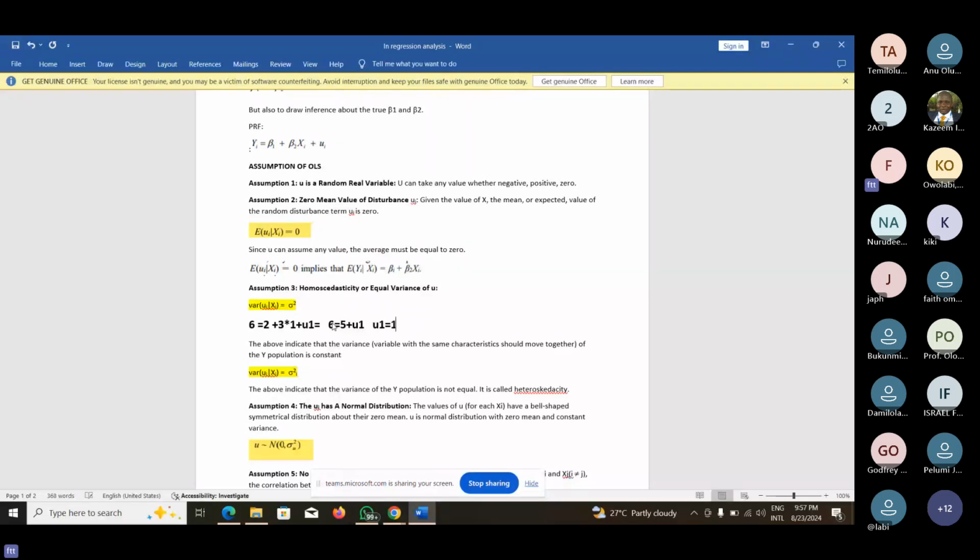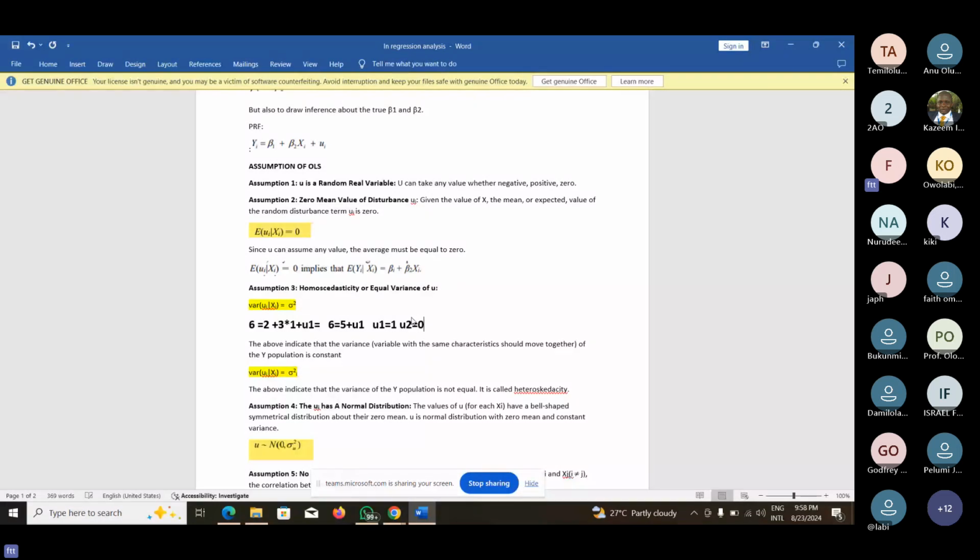So that means our ui is equal to 1. Let's say another value for x is 2. So when we put it here and collect like terms, the value will be the value of uj. Let me just make uj equal to 0.